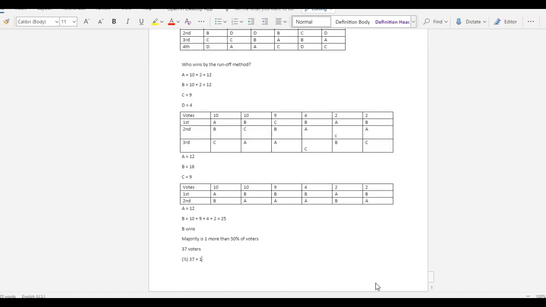Or we can think of, if we get a decimal, we can just round it up and that will be a majority. So half of 37 is going to be 18.5. We just would round that up. A majority of voters in our instance here would be 19. So 19 voters would be a majority. And we want for someone to have more than the majority or the majority itself. In this case, of course, B has 25, which is over the majority.